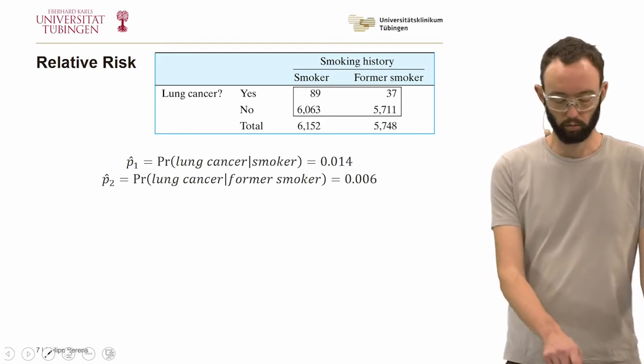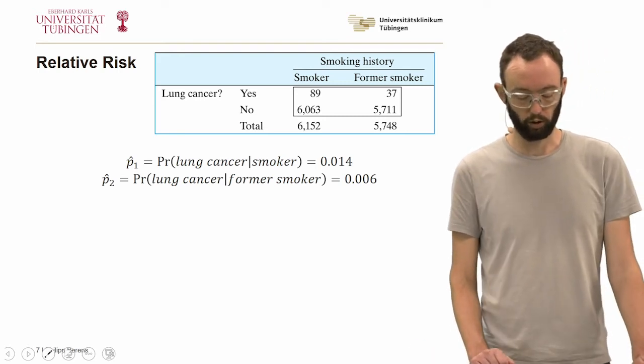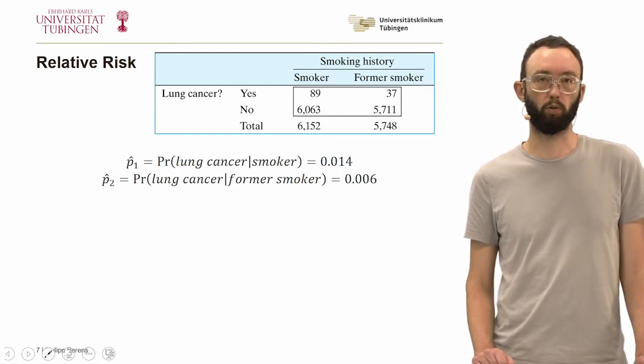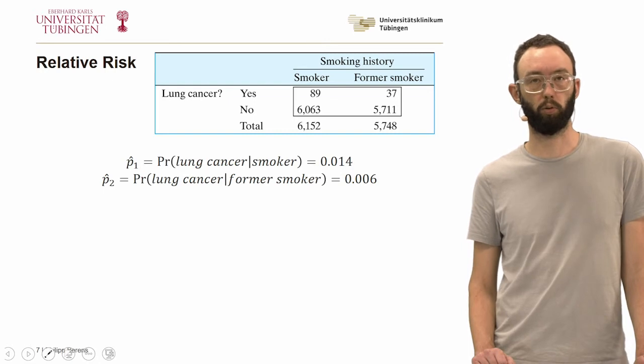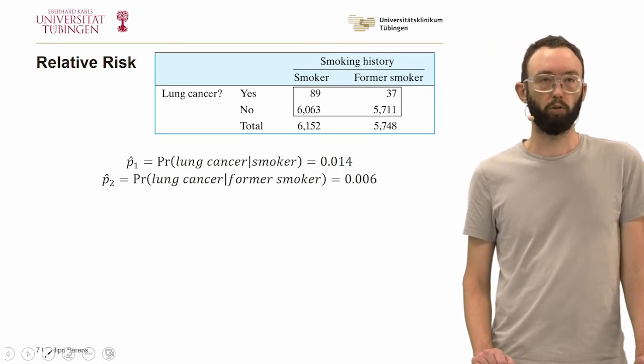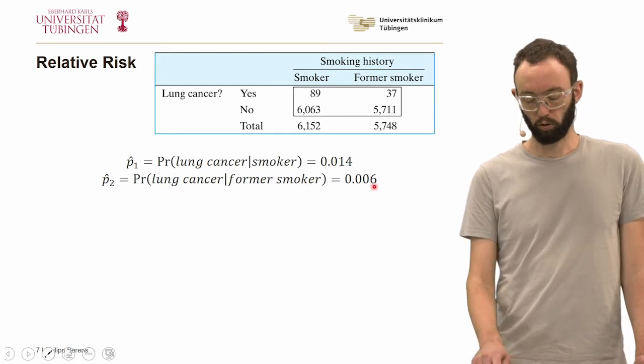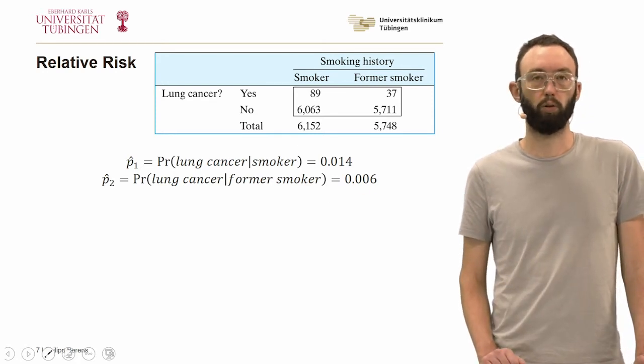So P1, the probability of having lung cancer while being a smoker, is 0.014 or 1.4%. P2, the probability of having lung cancer being a former smoker, is 0.006 or 0.6%.